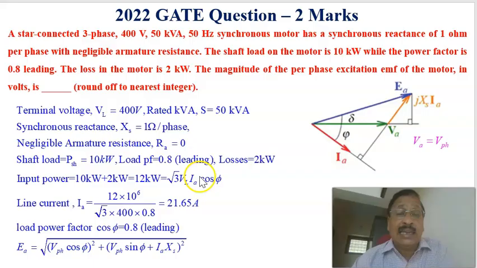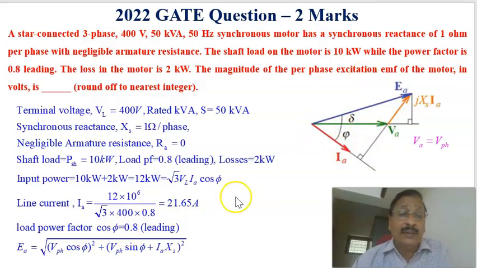From that we can calculate the line current. The line current IA is 12 into 10 raised to 3 divided by root 3 into 400 into 0.8, or 21.65 amperes. That is the line current. The input power factor is cos phi equal to 0.8 leading, as given in the problem.